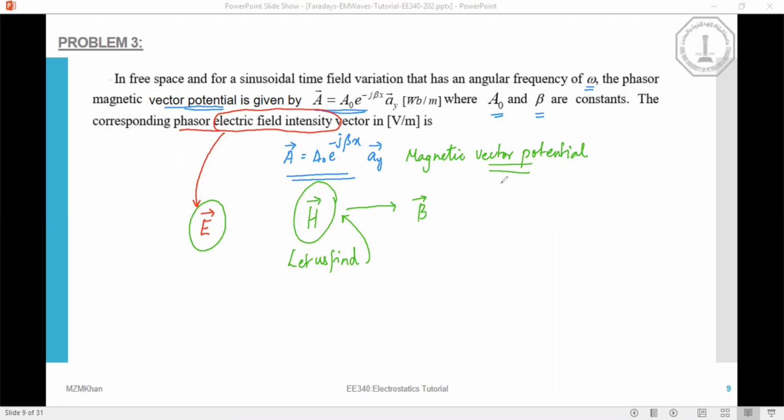Yes. Del cross A bar is B bar. So we will use this expression and first find B bar. From B bar, you can find H bar, and then use Maxwell's equation. Then you can find the corresponding E bar. So this has to be the approach.